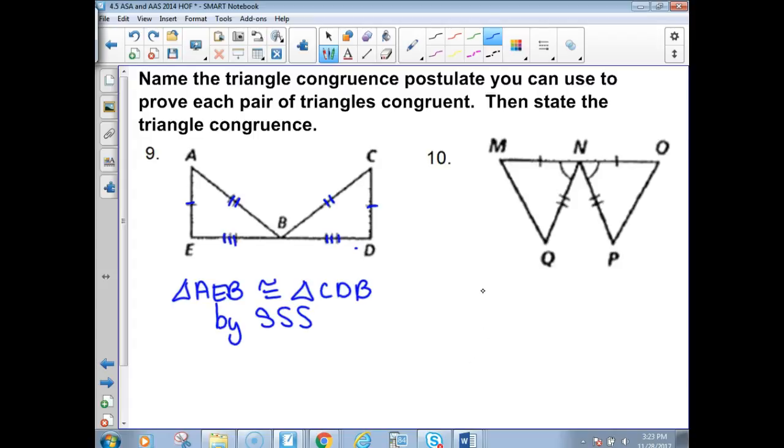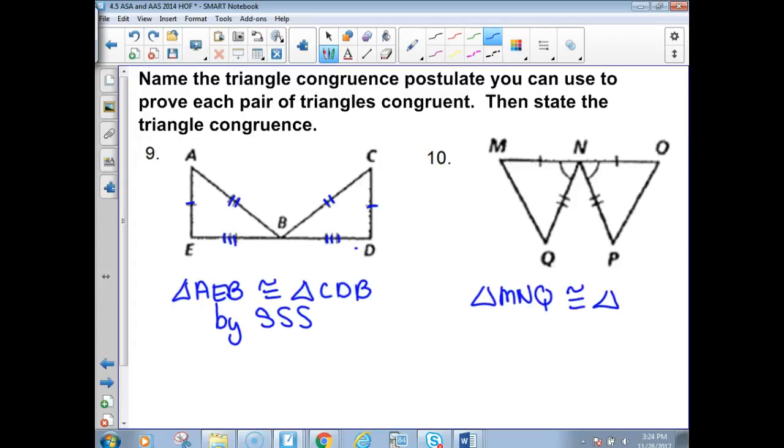Okay, so let's try 10. Someone name me the left-hand triangle, any way you want. Thank you for someone at least doing it. Oh, you went to the right-hand side one. It doesn't matter. MNQ. Okay.